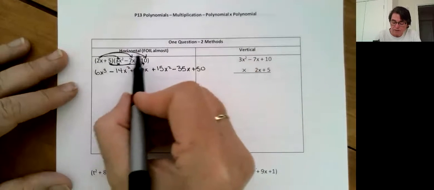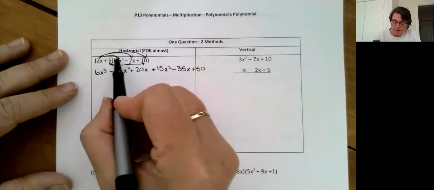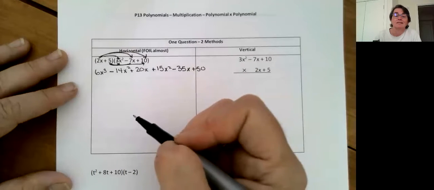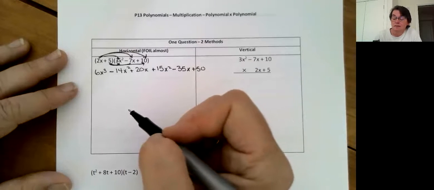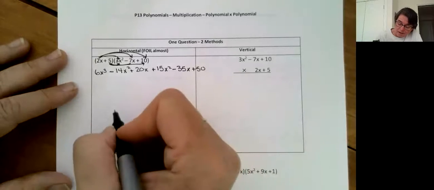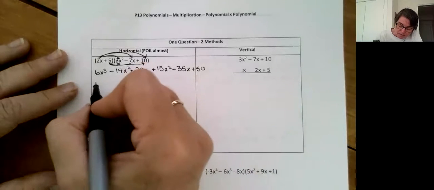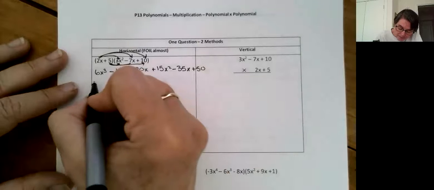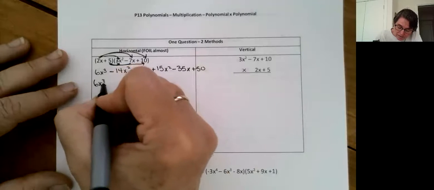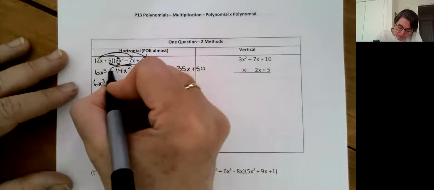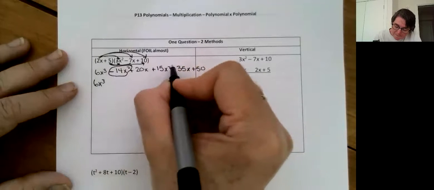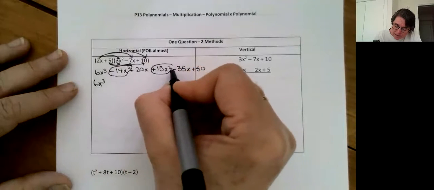So we distribute it across the top. I can't do FOIL because there's too many bits. And then we have to go through, and for me, this is the drawback of doing it horizontally. There's only 1 x cubed, and then I have to go through and search. There's an x squared, and there's an x squared.